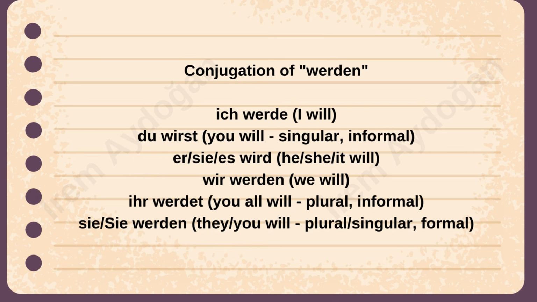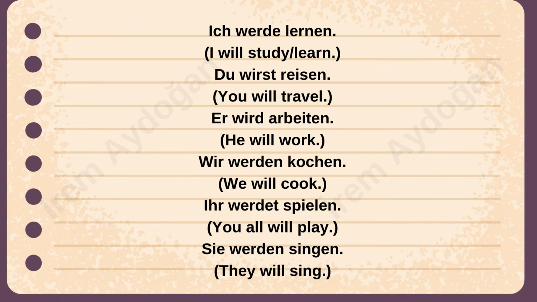Let's check the examples. Ich werde lernen, I will study. Du wirst reisen, you will travel. Er wird arbeiten, he will work. Wir werden kochen, we will cook. Ihr werdet spielen, you, all of you, will play. Sie werden singen, they will sing.